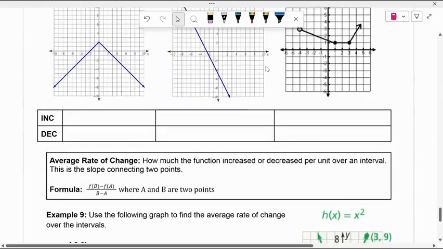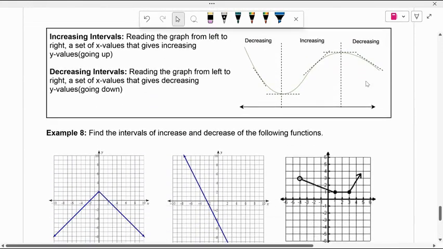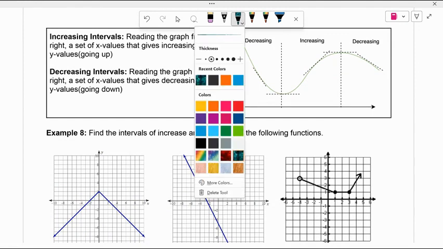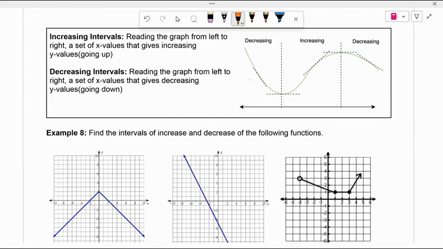Increasing intervals, and this will be the last thing we do, are where we're going down or up as we go left to right. So we're decreasing, then here we flip it, and now we're increasing, increasing, increasing. Then here we flip it, and we're decreasing.